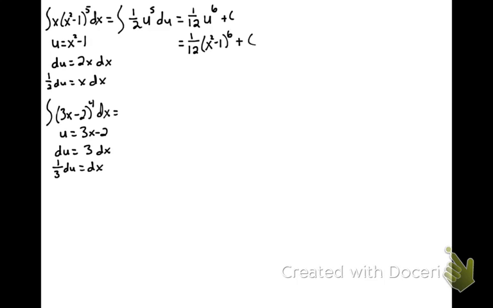So, putting this in terms of u, I'll have 1/3 u to the 4th du. When I integrate that, this must have come from 1/15 u to the 5th plus c. But since u equals 3x minus 2, I'd have 1/15 times (3x minus 2) to the 5th plus c.